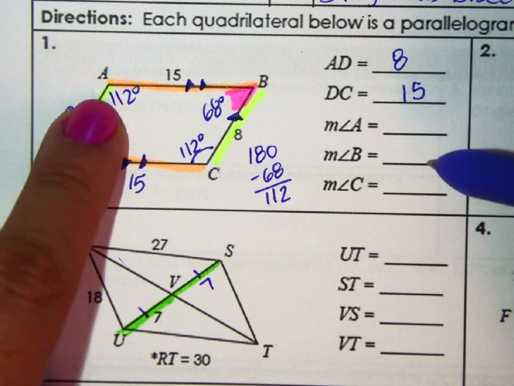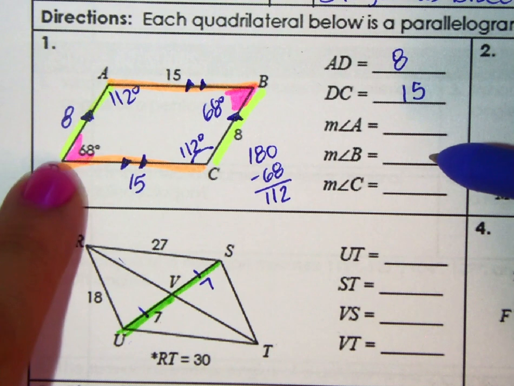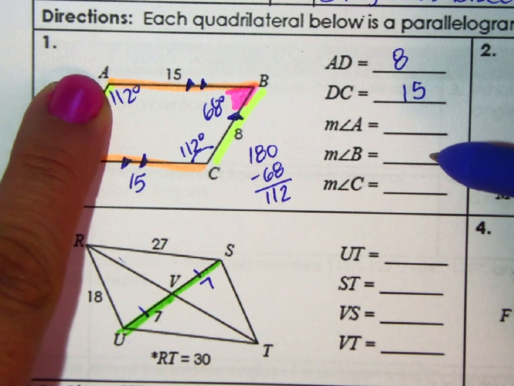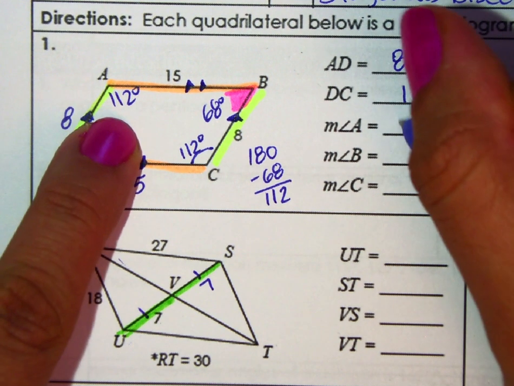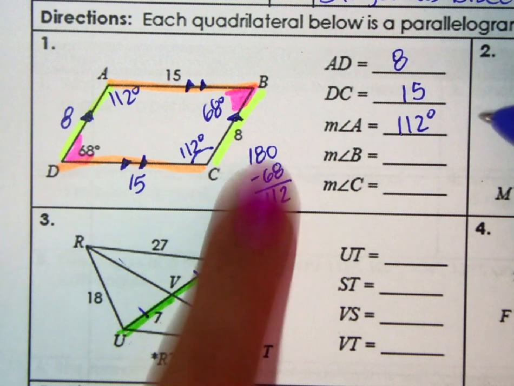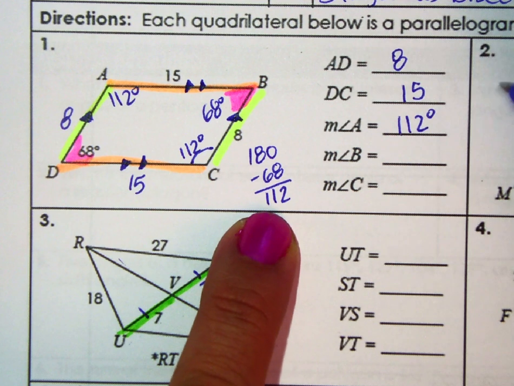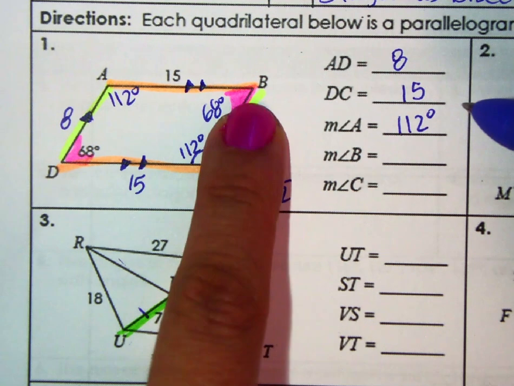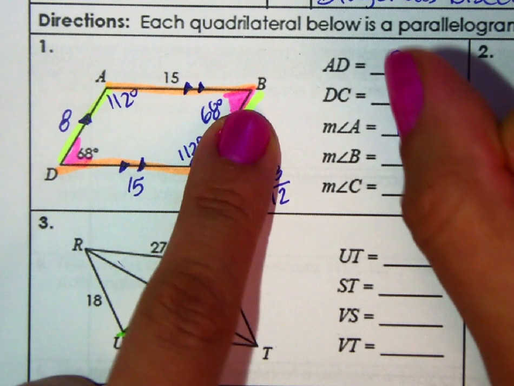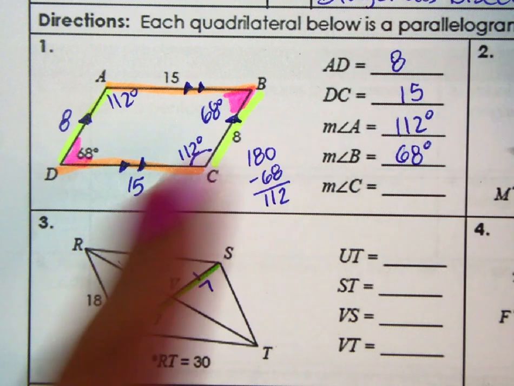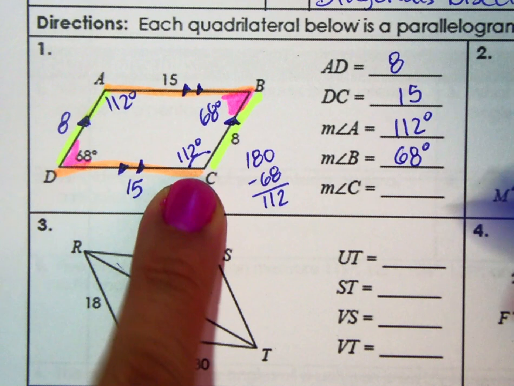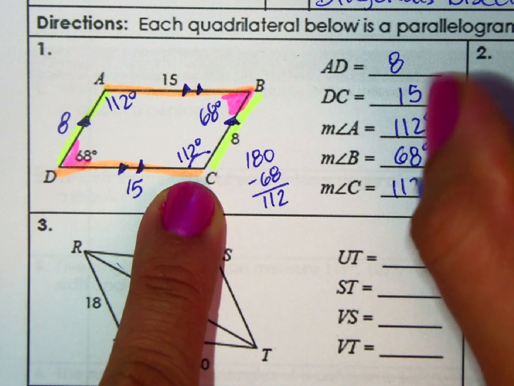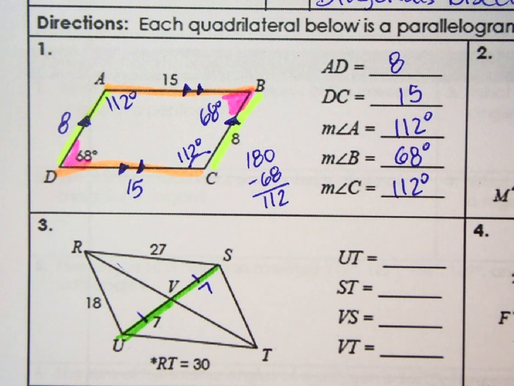The measure of angle A was calculated from 68, and a consecutive angle will add to 180, so 68 and 112 is 180. That's the math behind it. Angle B is this one, and it's opposite of the one given, so that's 68 because they're congruent. And angle C is opposite of that one, or also supplementary to that one, so that's 112 as well.